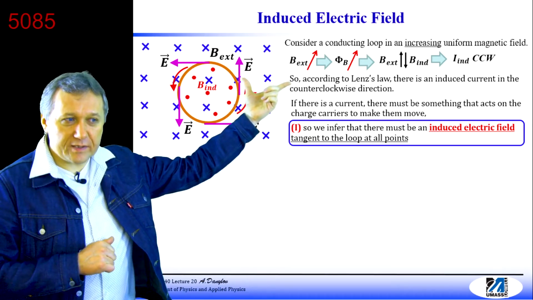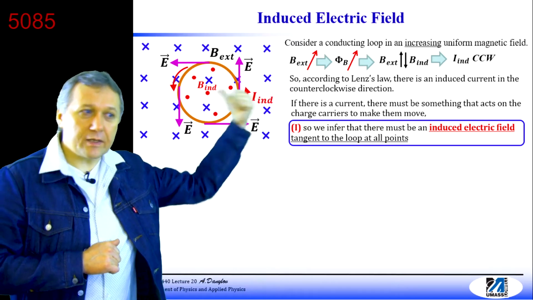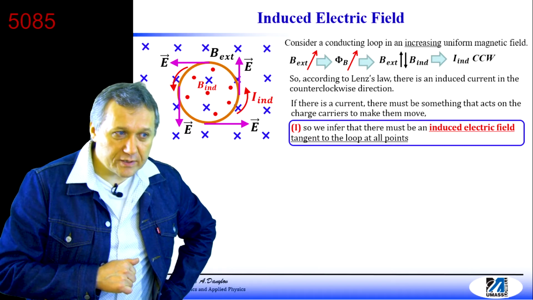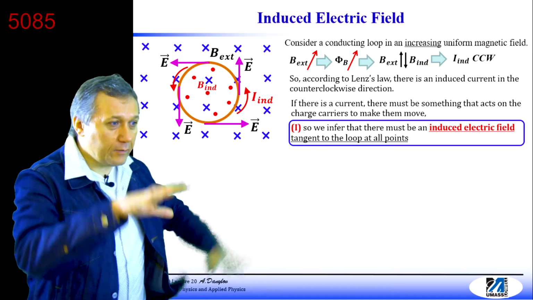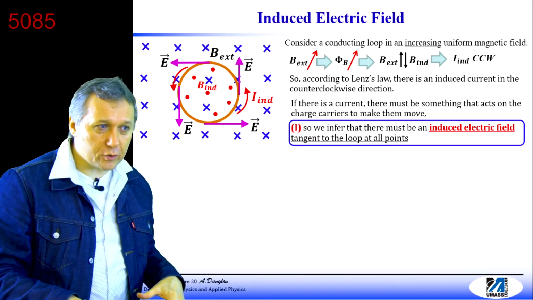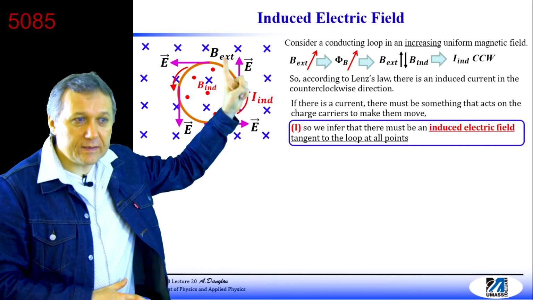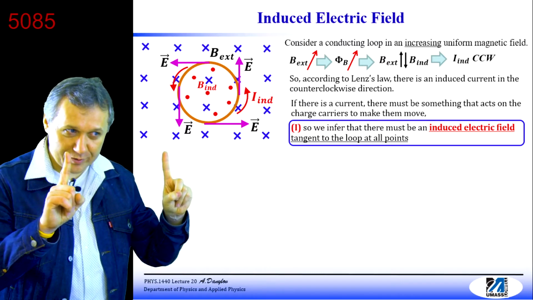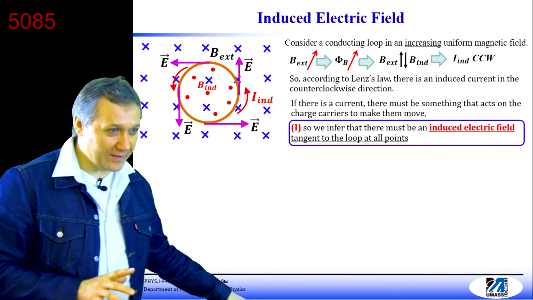Some properties of this electric field are different relative to the electric field which we analyzed at the beginning of the semester. On the next slide, I will juxtapose these two fields. This is an induced electric field. There are some different properties, although both of these fields are electric fields.